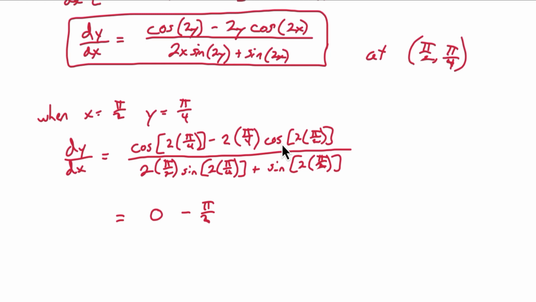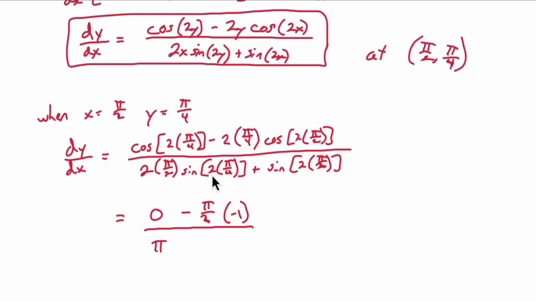That's really the cosine of pi, which is -1, all over 2 times pi halves, that's going to be pi, times the sine of 2 times pi fourths, or sine of pi halves.